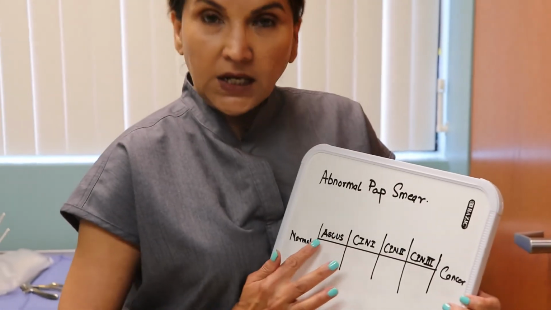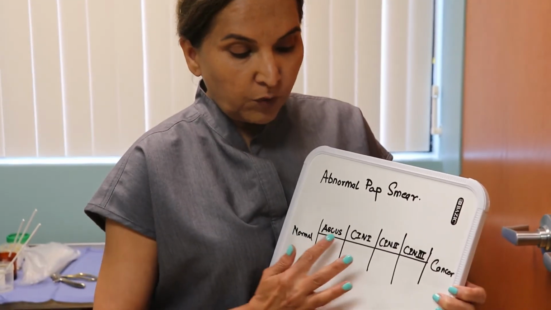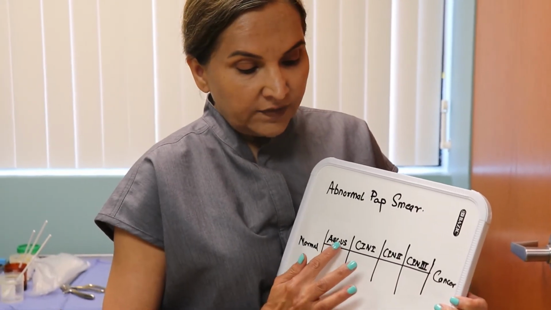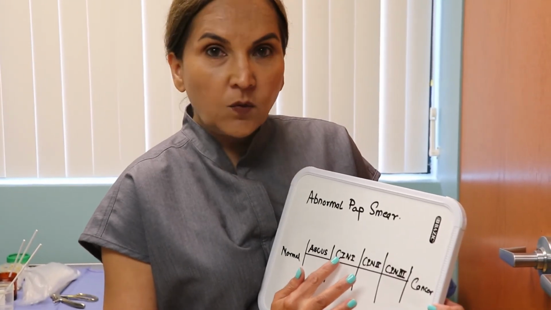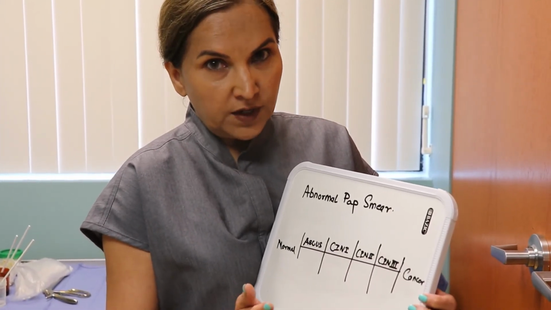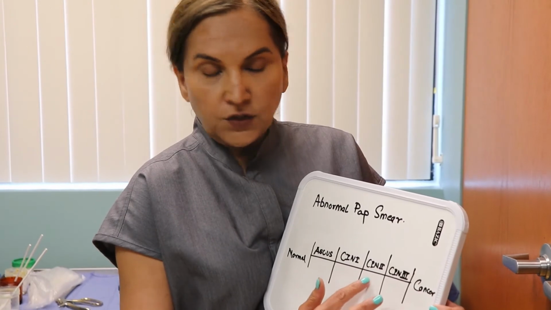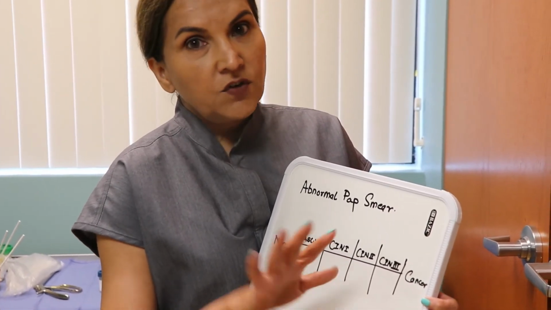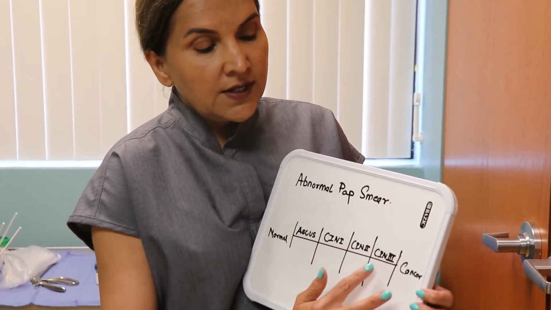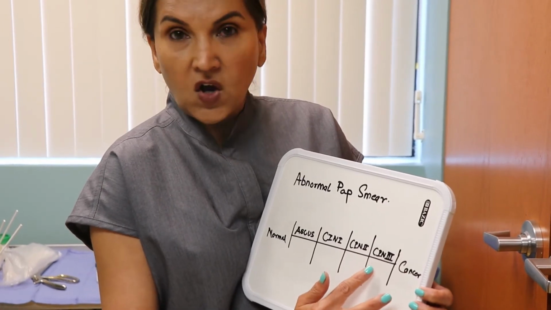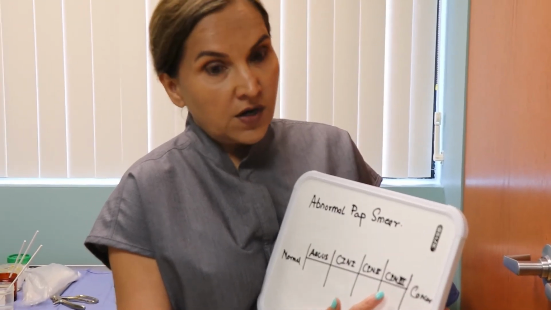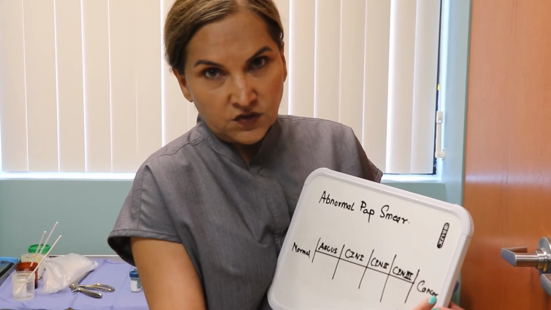So atypical cells are just the beginning, like a borderline from normal to precancer. And then after that we call CIN1, which is nothing but a low-grade precancer. CIN2, which is the next step, which is a mid-grade precancer. CIN3, which is a high-grade precancer or carcinoma in situ, and then it is a cancer.